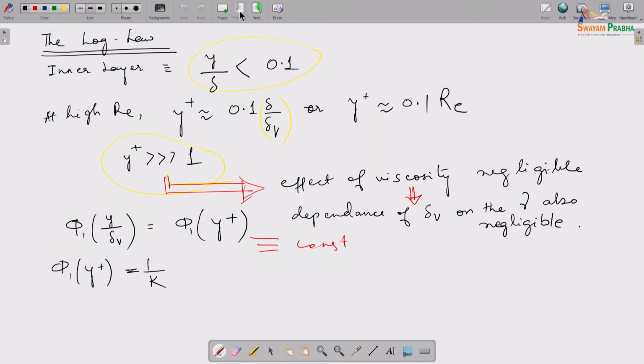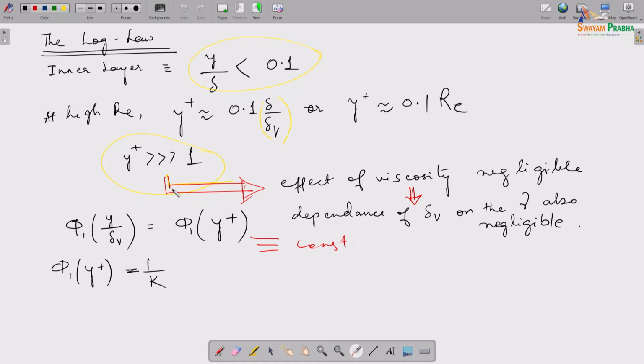this is the region that we define where y by delta is less than 1 and y plus is much more than 1. So this is the length scale that we are working at.